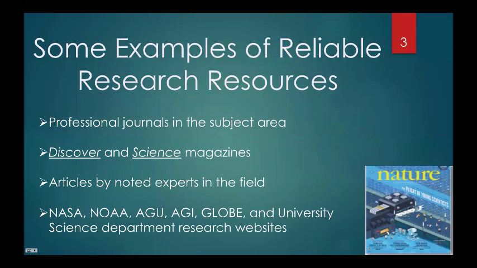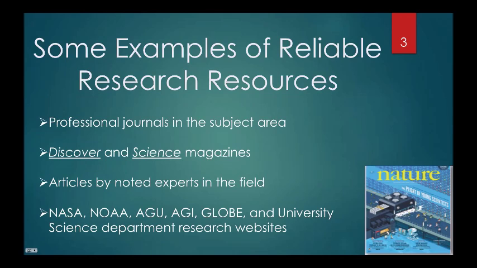What are some examples of reliable research resources? Professional journals in the subject area. For instance, if you are interested in biology, it might be important for you to look at a journal that centers on biology rather than, say, physics or astronomy.